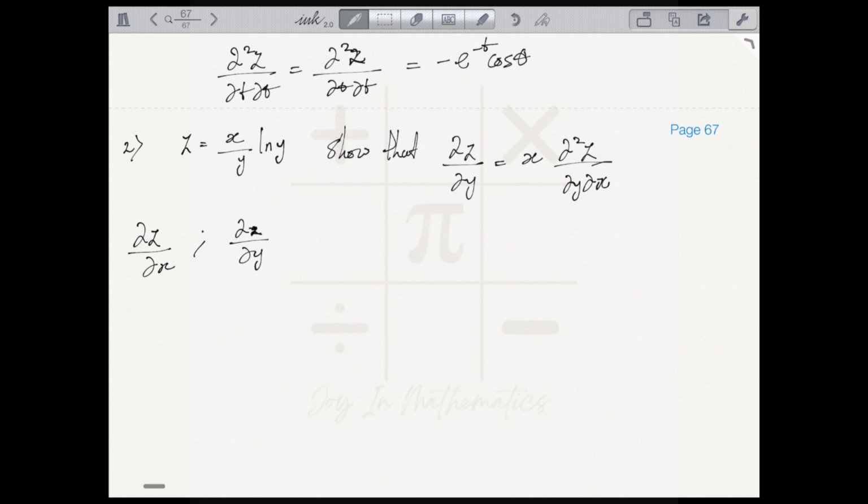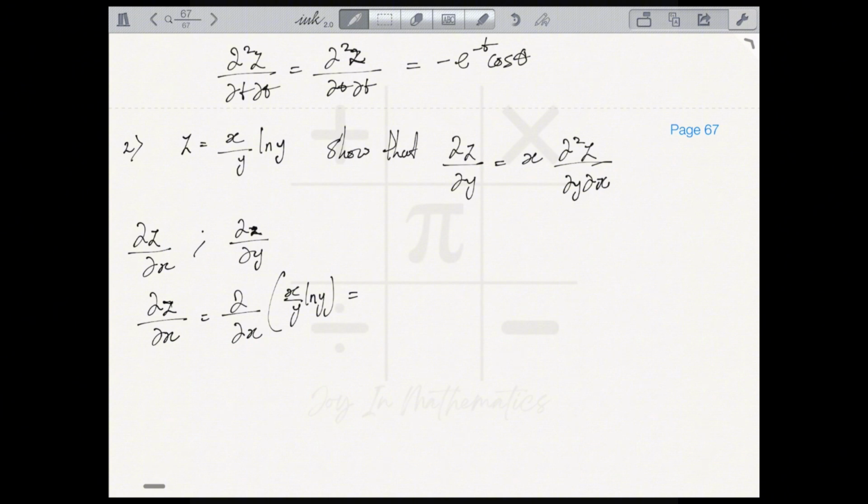So let's begin with ∂z/∂x. That's differentiating partially with respect to x of x over y ln y. And when we are differentiating partially with respect to x, our y is kept constant.